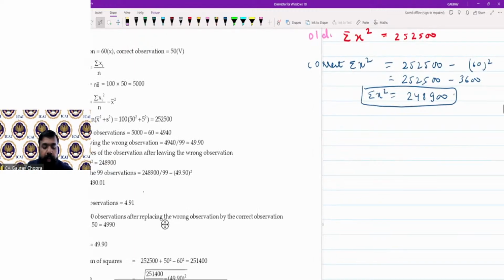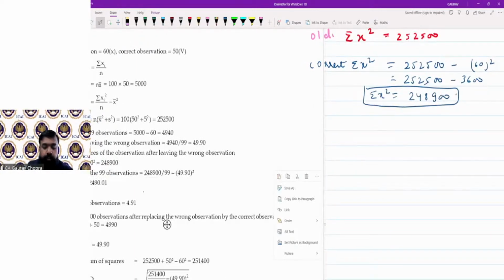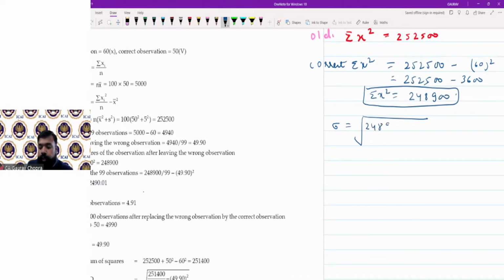Now you can apply this and find the result. So the standard deviation will be root of 2,48,900 upon n, and this time n will be 99, instead of 100, minus, this time also you have to write the correct x bar.